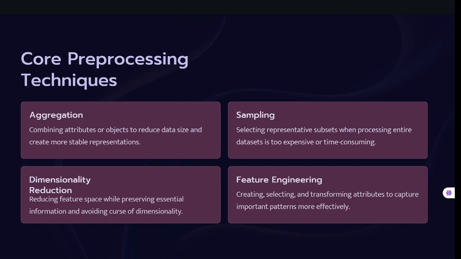Dimensionality reduction, reducing feature space while preserving essential information and avoiding the curse of dimensionality. And the last one is feature engineering, creating, selecting, and transforming attributes to capture important patterns more effectively.